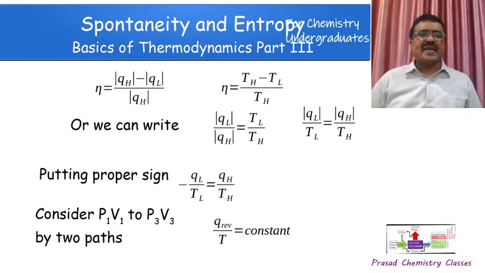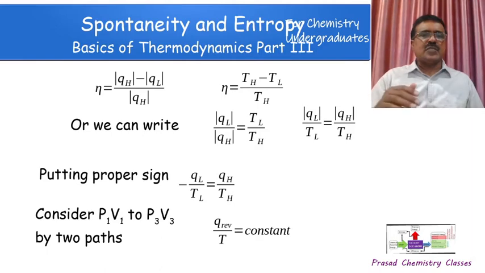Or we can rewrite it as QL by QH is equal to TL by TH. Or we can write QL by TL is equal to QH by TH. If you take into account the proper sign, the expression should be minus QL by TL, because heat is given out by the system at the sink at lower temperature. That is equal to QH by TH.